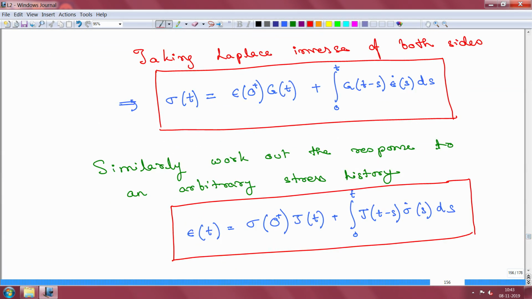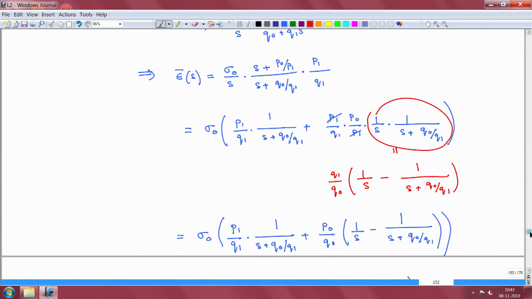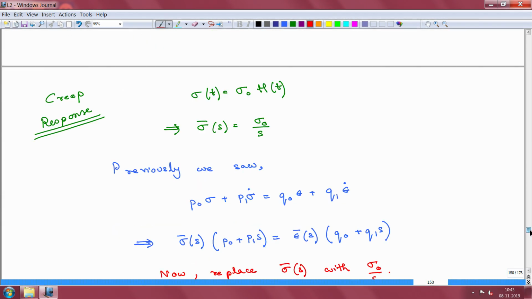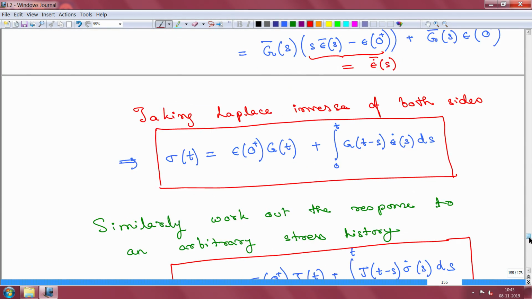Okay. So, we had derived this particular expression for a special case, and this special case was for this particular equation. For this simple case of a model, we had seen that when you take the relationship between an arbitrary given strain history and stress, the current state of stress is given by this particular integral.